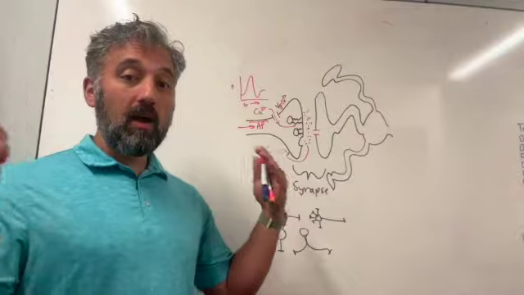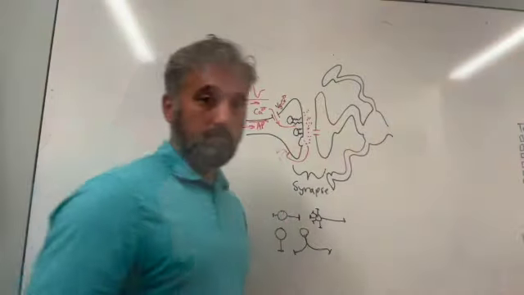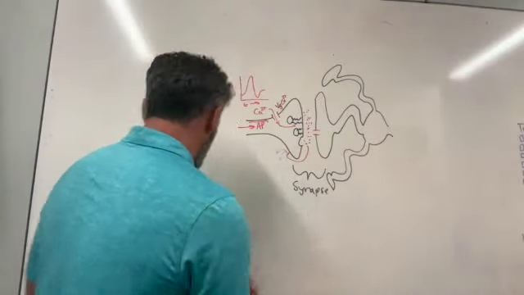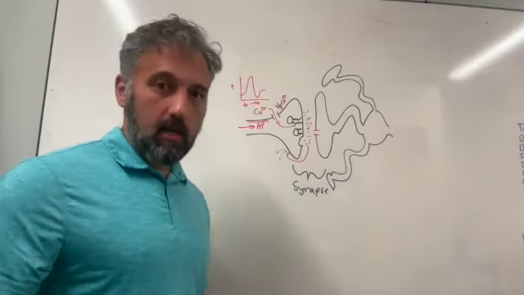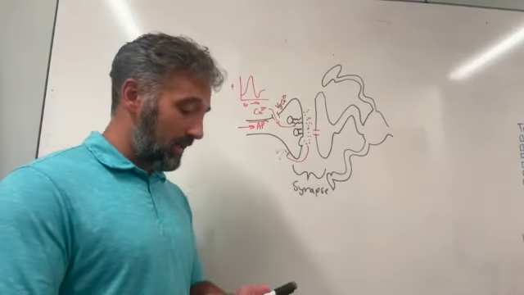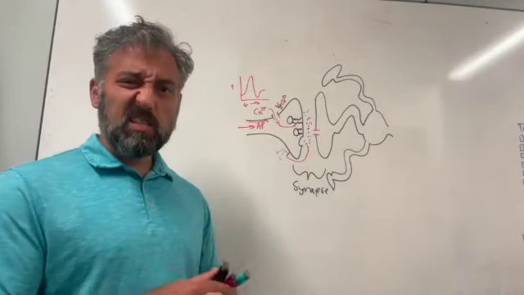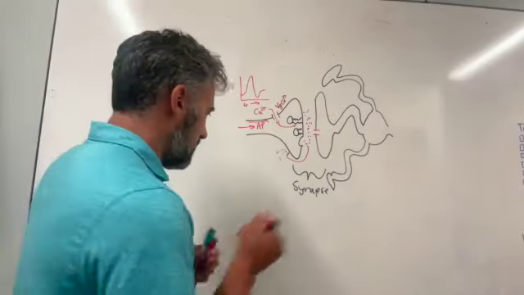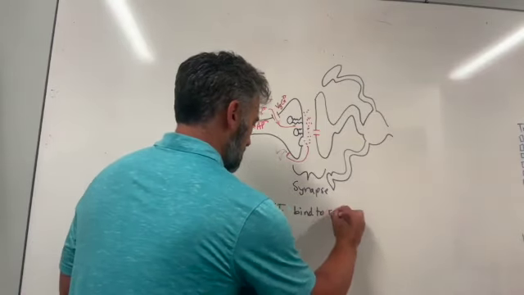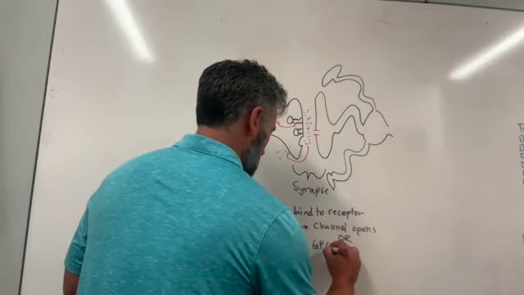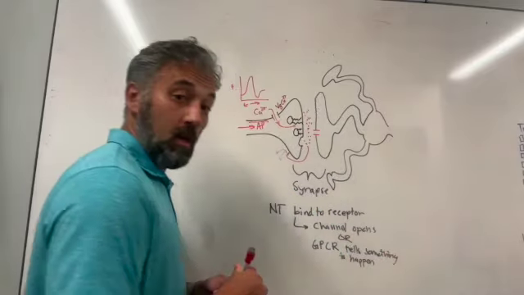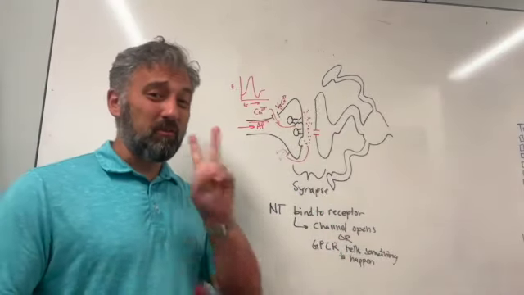So we have our neurotransmitter binding to the postganglionic cell, and then in this case, it'll open. So when that neurotransmitter binds, there's one of two things that'll happen.